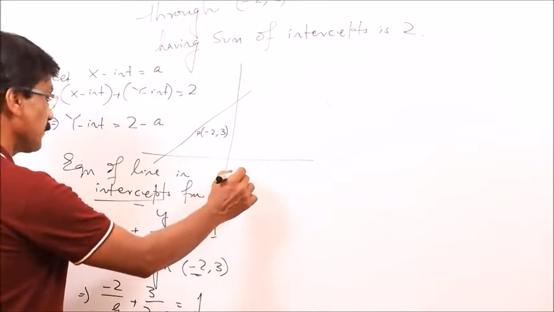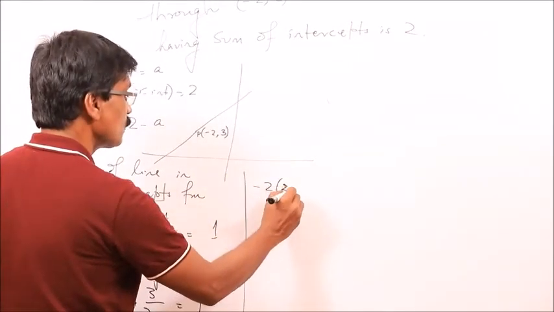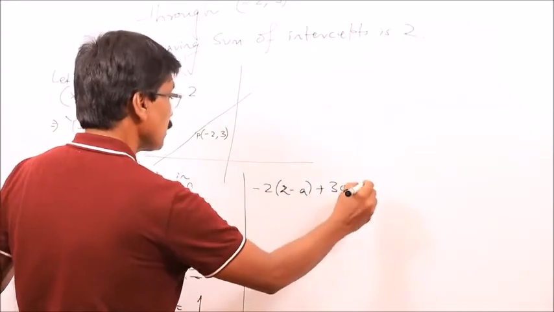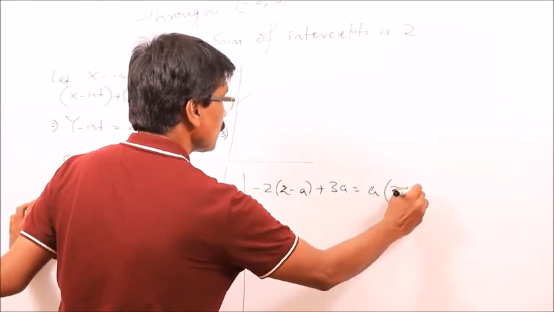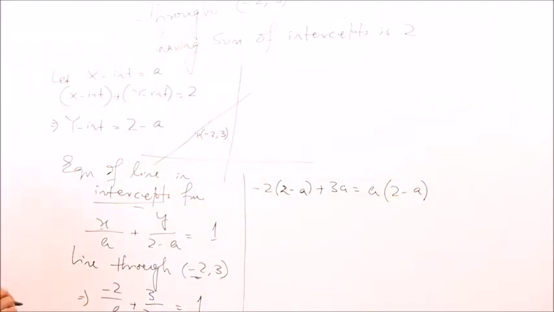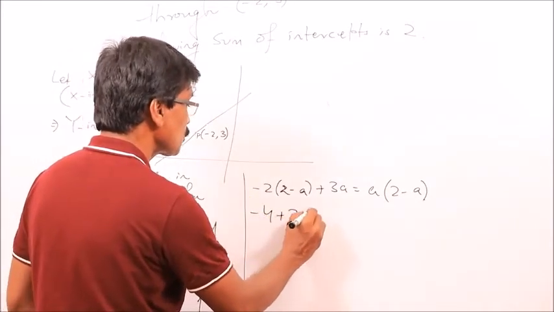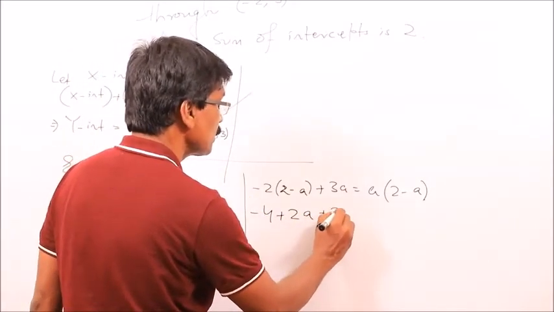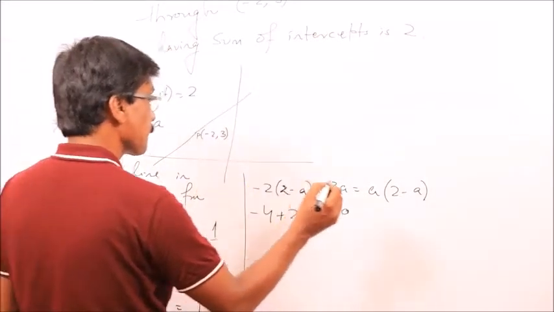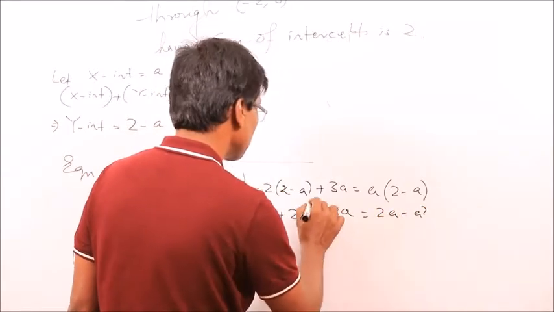On simplification this gives minus 2 into (2 minus a) plus 3a is equal to a into (2 minus a), that is minus 4 plus 2a plus 3a is equal to 2a minus a square.